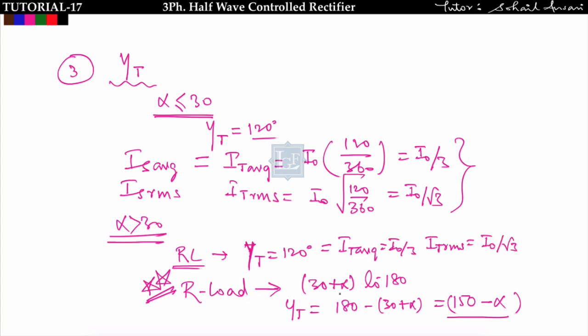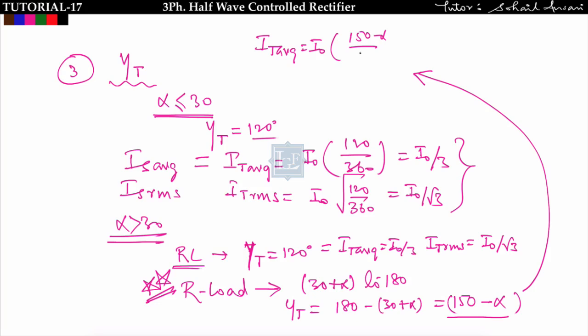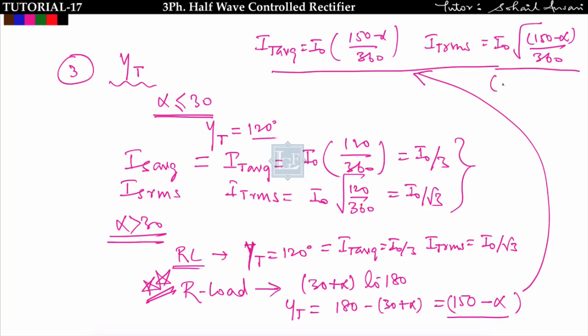But for R type of load, for alpha greater than 30 degree, IT average is I naught into 150 minus alpha upon 360, and IT RMS is equal to I naught under root of 150 minus alpha upon 360 degree. This is for discontinuous conduction. Keep in mind, discontinuous conduction is possible only when alpha is greater than 30 degree and R load is connected.